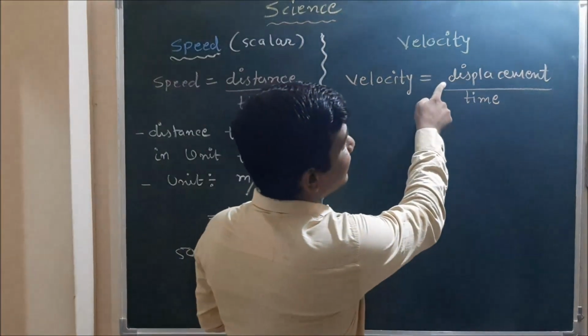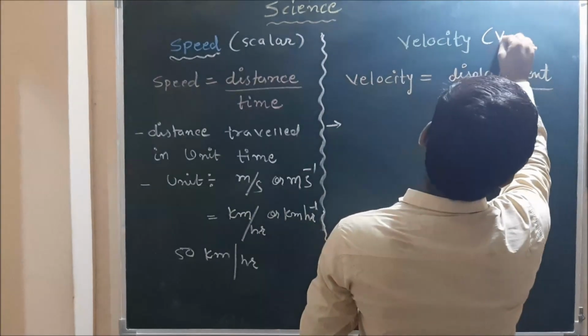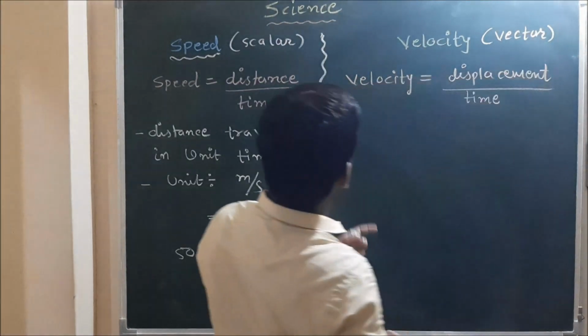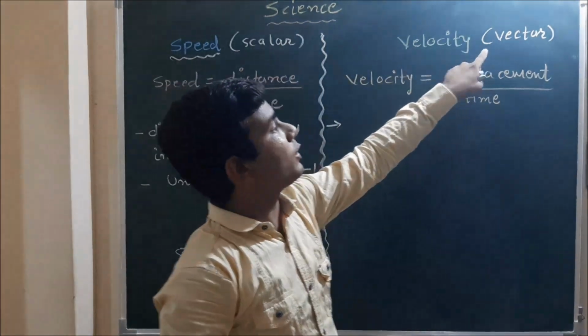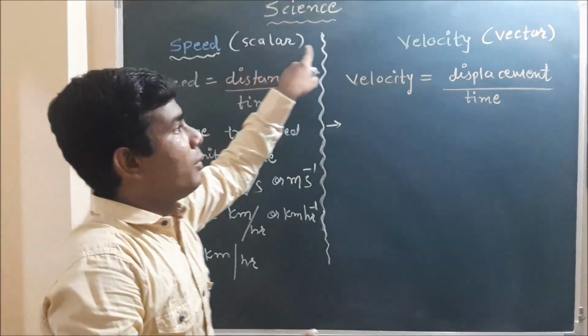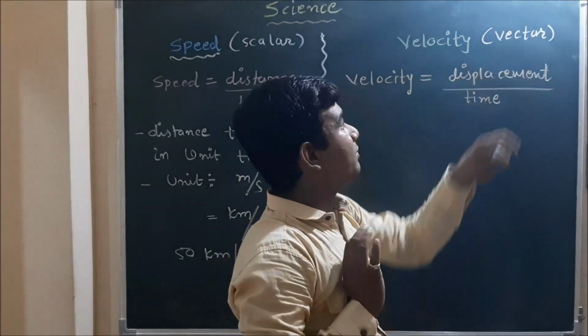So displacement is a vector quantity, so velocity will also be our vector quantity. What is the difference between scalar quantity and vector quantity? Scalar quantities require only magnitude, while vector quantities require both magnitude and direction.